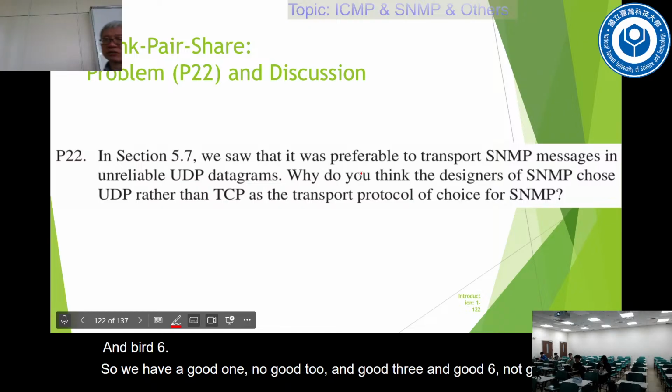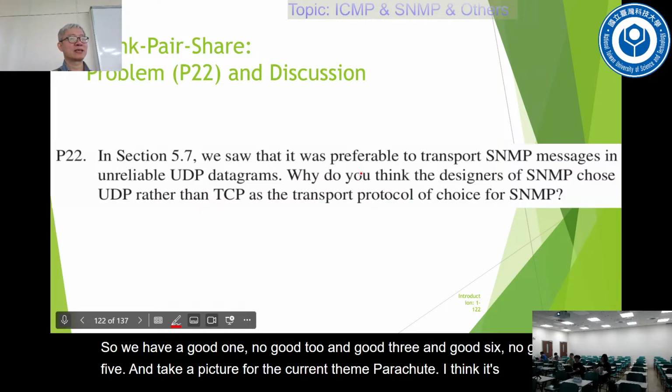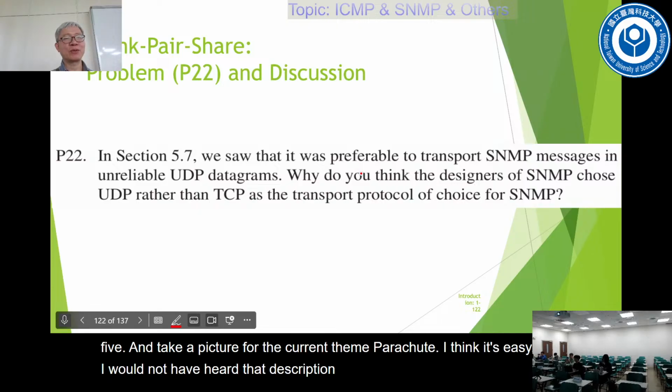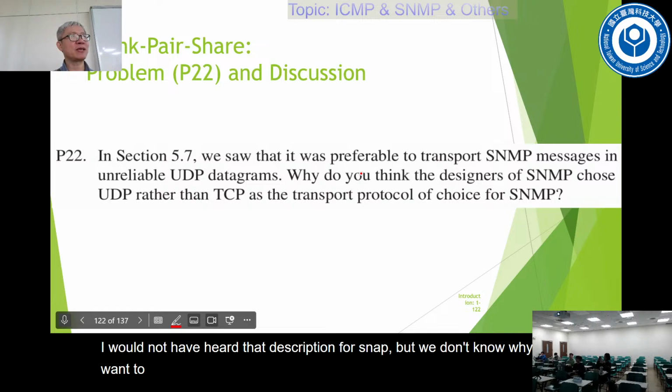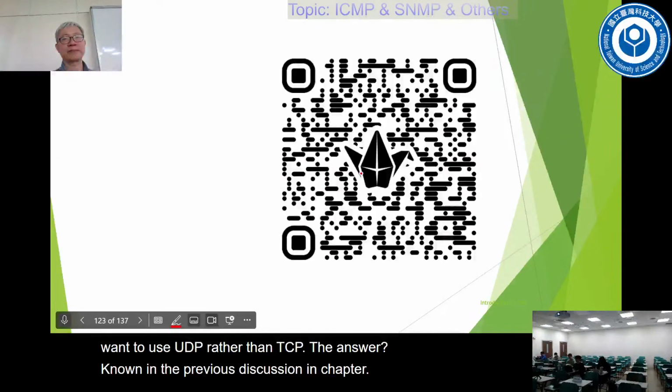And take a picture for the current think-pair-share. I think it's easy. Even if we don't have the description for SNMP, we don't know why we want to use UDP rather than TCP. The answer is known from the previous discussion in chapter 2, right?